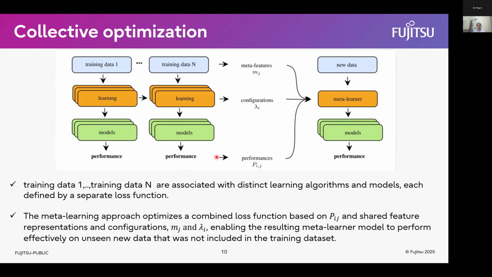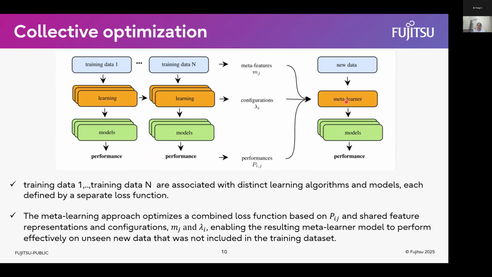The idea of meta learning is that we define a global cost function that is able to capture the common features or meta features corresponding to all this training data, and we perform the optimization over that global cost function.